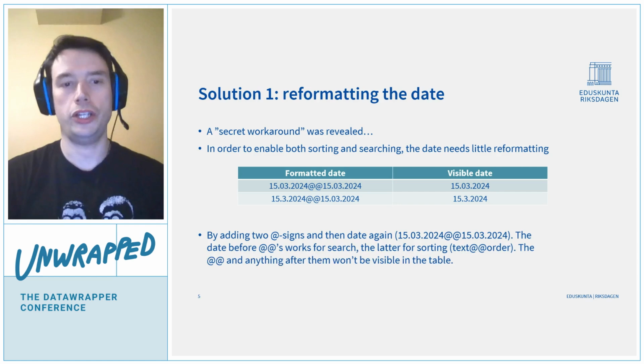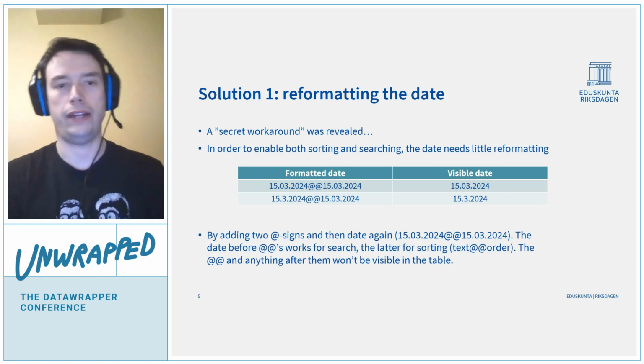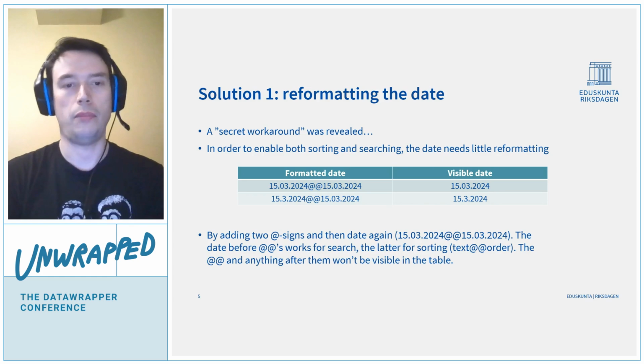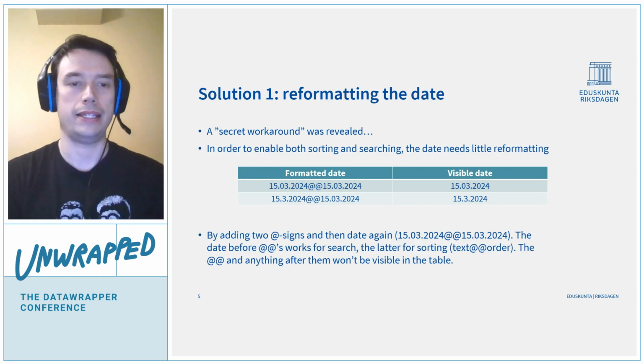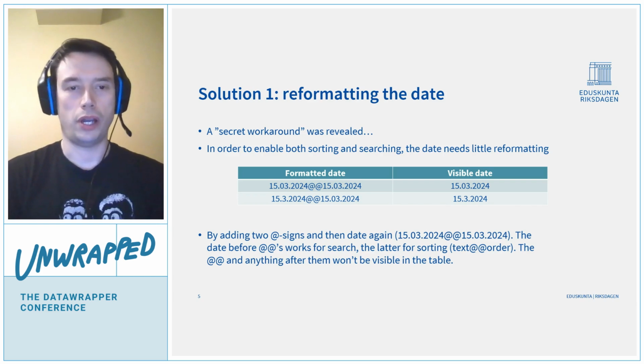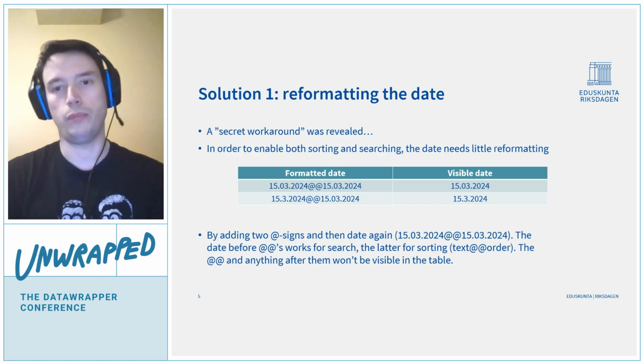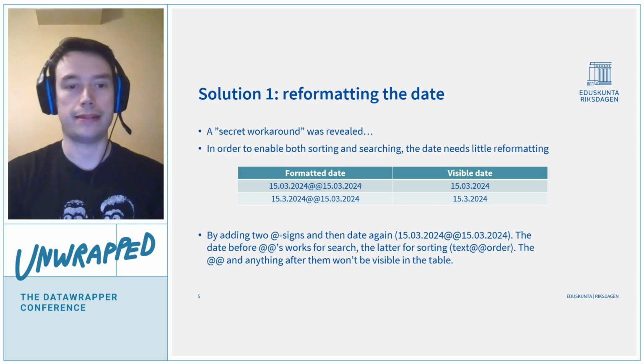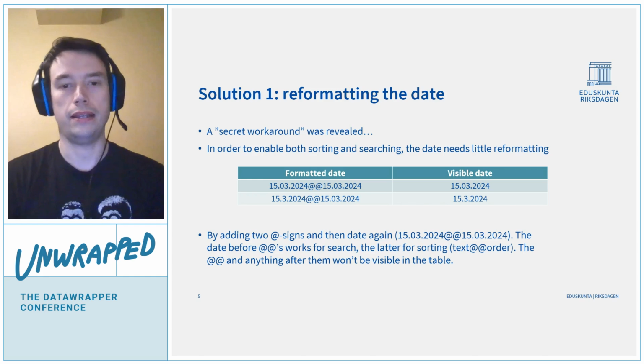What you have to do in this case, for example, you have a date, you make it a double and add two @ in the middle. And this works so that the date before the two @ signs is the one that is visible in the date, that's in text. And that also works for the search. And the latter date, the tool understands it as an order of things and sorts the rows in that case.